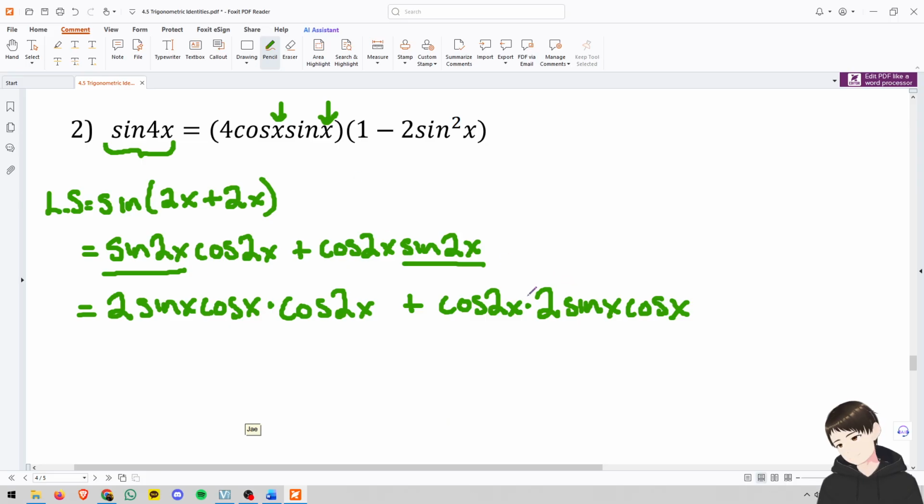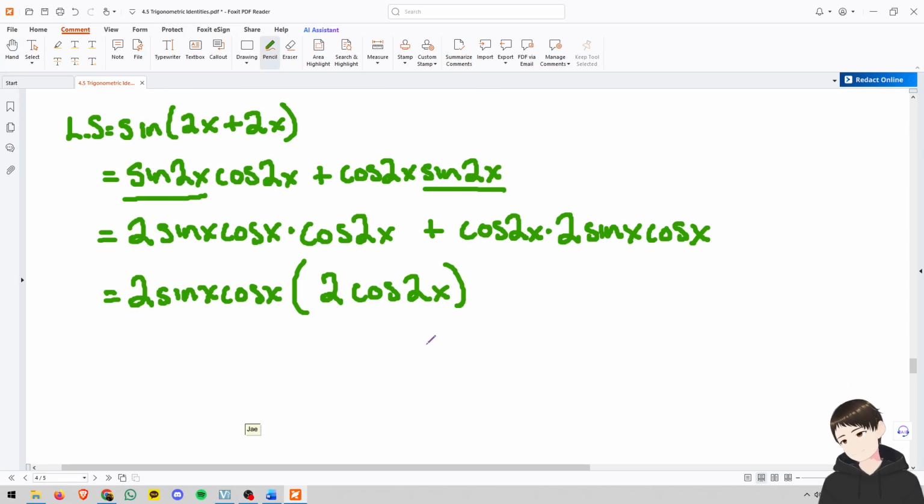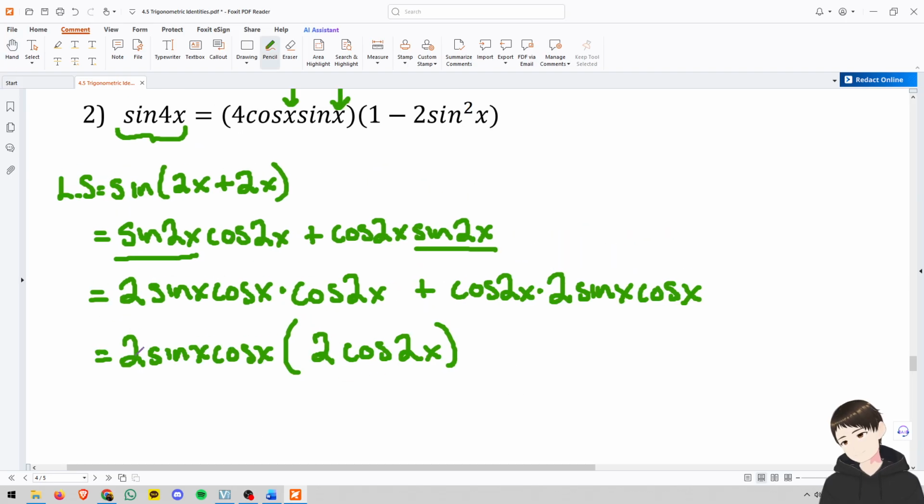I will factor this out. This becomes 2 sine x cos x, leaving me with cos 2x plus cos 2x. No additions, just a multiplication of 2 cos 2x. Maybe I can factor out that 2, giving me exactly what we want on the outside.